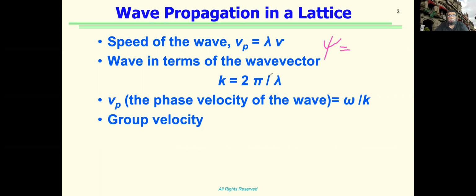So psi, for a plane wave in plus minus x direction, can be written as the amplitude times exponential to the power of j k x plus omega t.